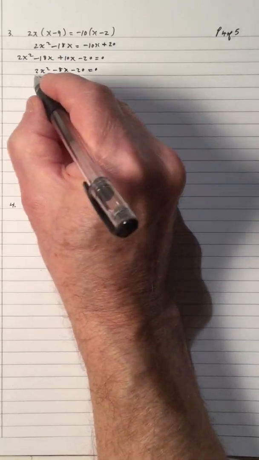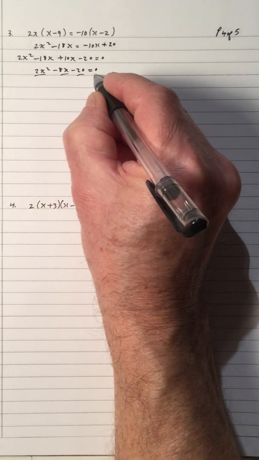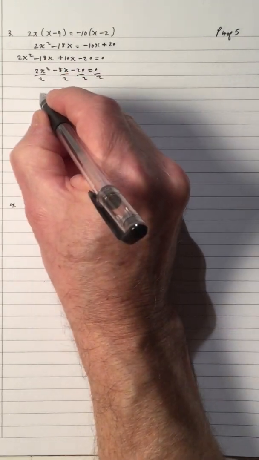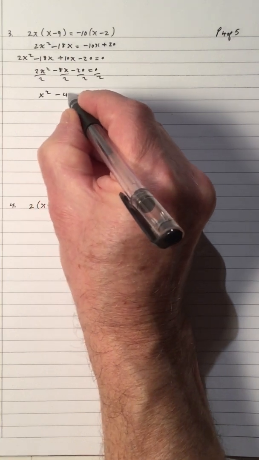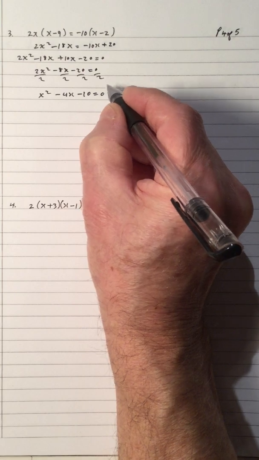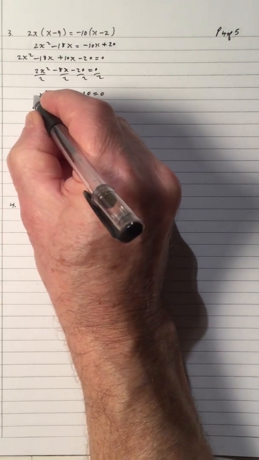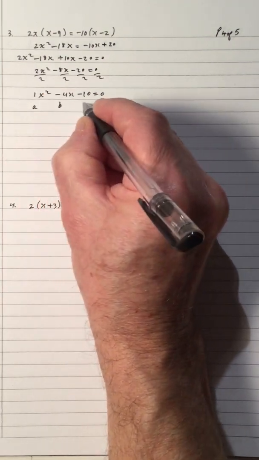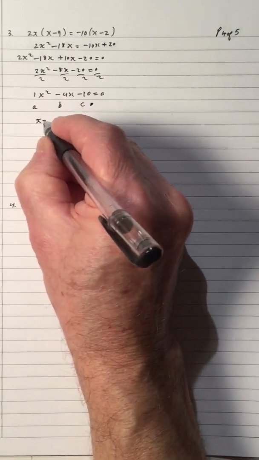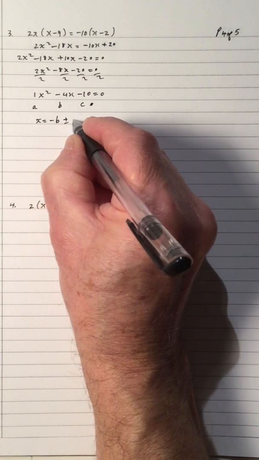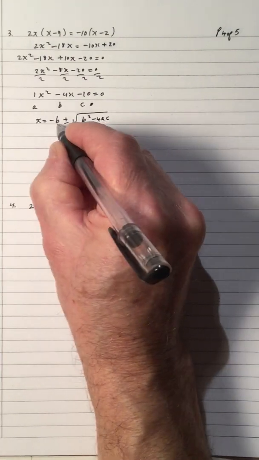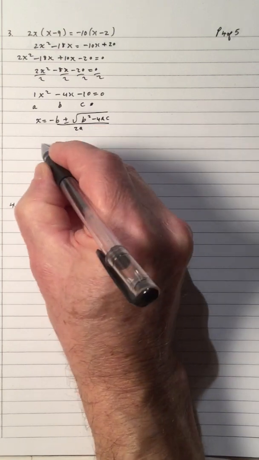And I see a 2, so I can divide by 2. Because I have an equation, I can divide by 2 and balance it. I get x squared minus 4x minus 10 equals 0. And so, again, A is 1, B is negative 4, C is negative 10. And x equals negative b plus or minus the square root of b squared minus 4ac all over 2a.